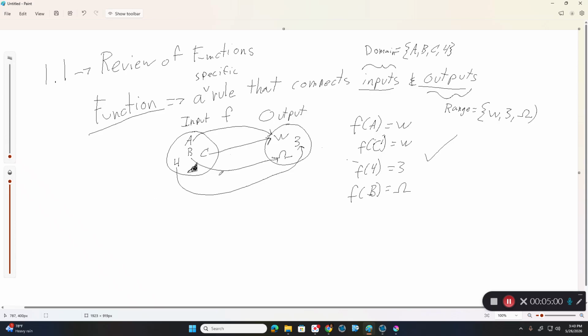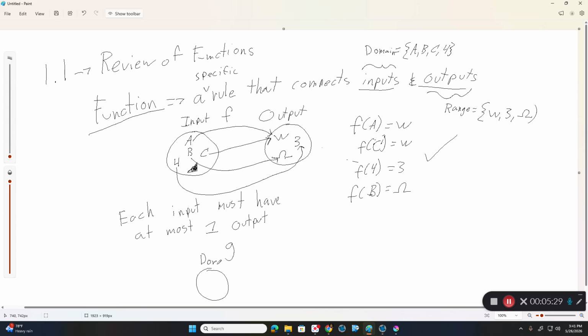That is fine. The rule is, each input must have at most one output.